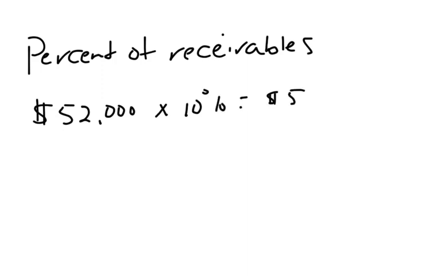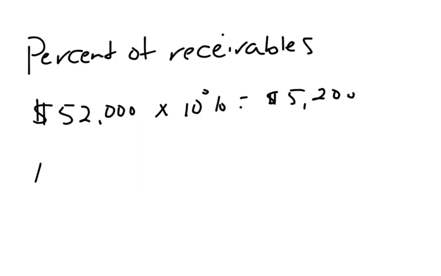So you're estimating $5,200 to be uncollectible. The focus with percent of receivables, however, is on the balance sheet, specifically with the allowance account. So the $5,200 is what we need the allowance account to be.